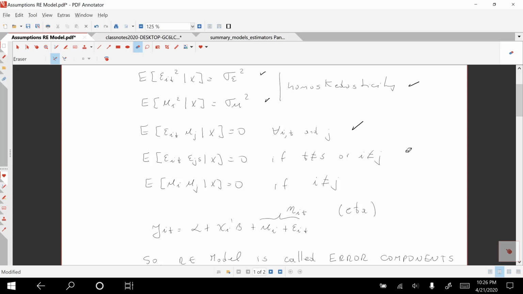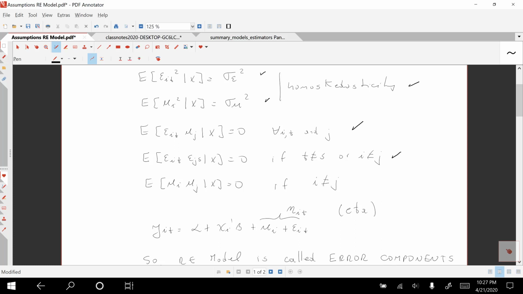So the second kind of independence assumption is related to the error terms for each individual. And of course, the errors of one individual in time period t are not correlated with the error terms of another individual during the same time period or at different time periods.